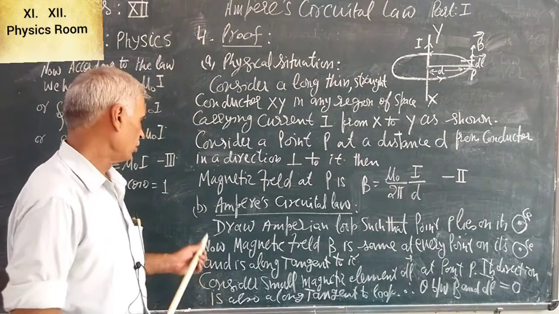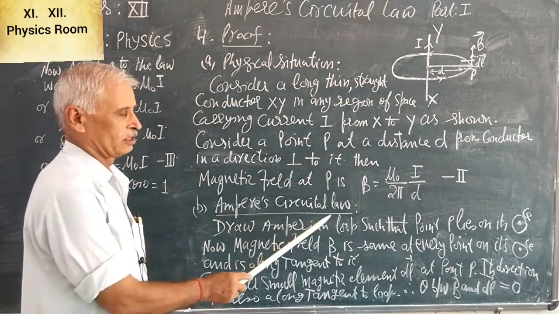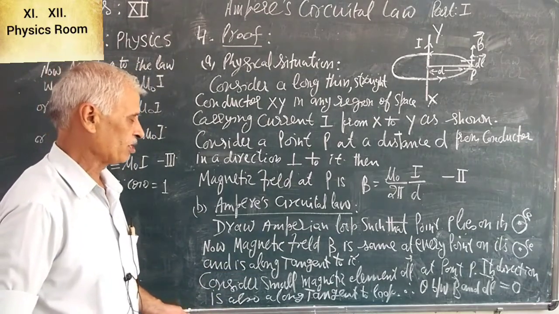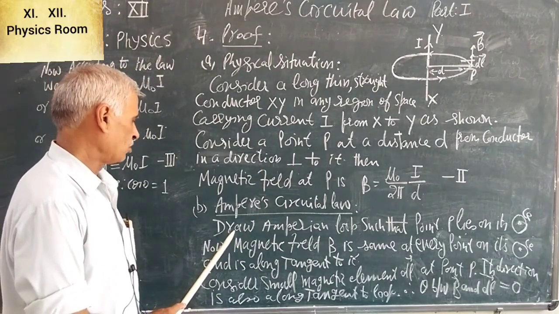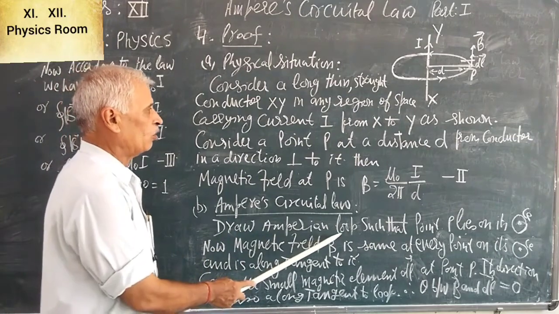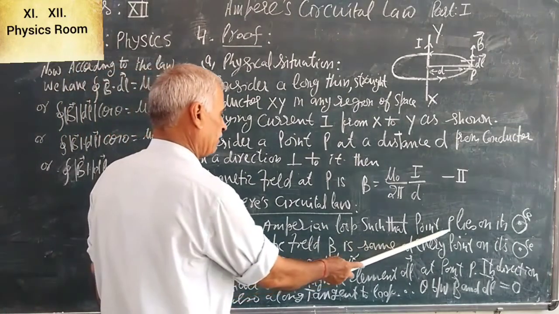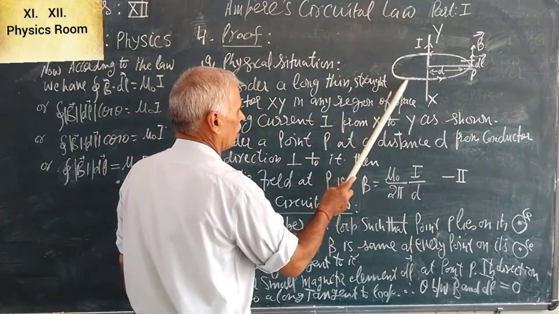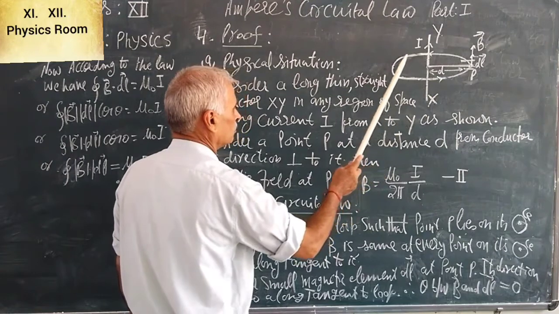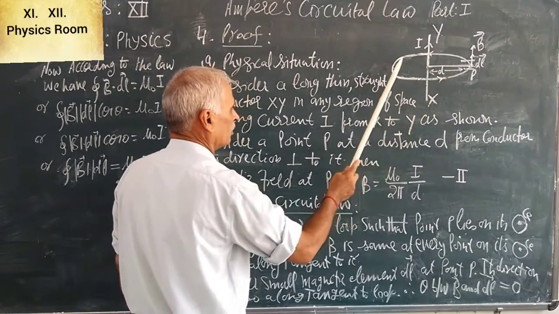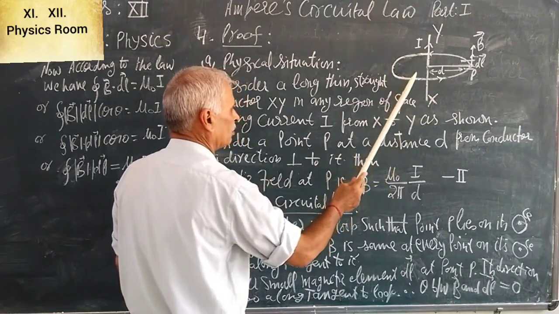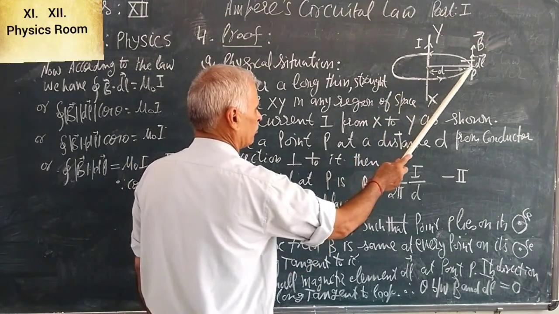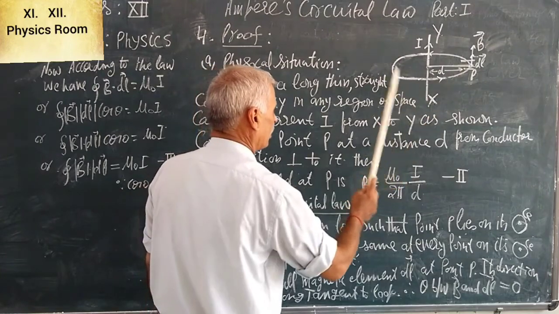Now we go to Ampere's circuital law. How do we apply Ampere's circuital law to such a situation? Draw an Amperian loop around the conductor in a plane perpendicular to direction of flow of current such that point P lies on its circumference.